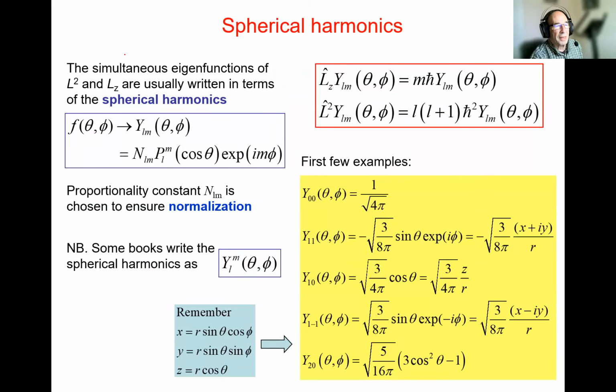These are the common, simultaneous wave functions of L squared and Lz, because these two operators commute, and that means we can measure them simultaneously. So they are represented as spherical harmonics. These spherical harmonics are functions of these Legendre polynomials multiplied by this exponential wave function, which is the solution for Lz.